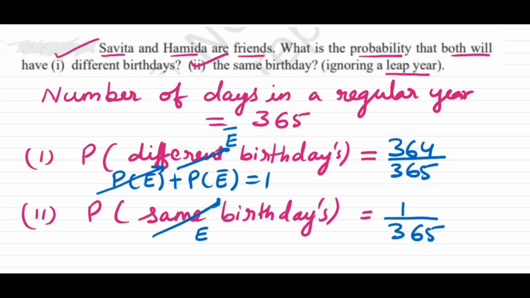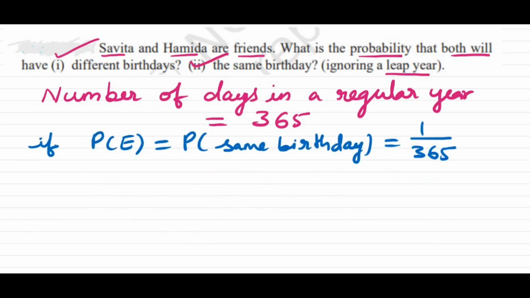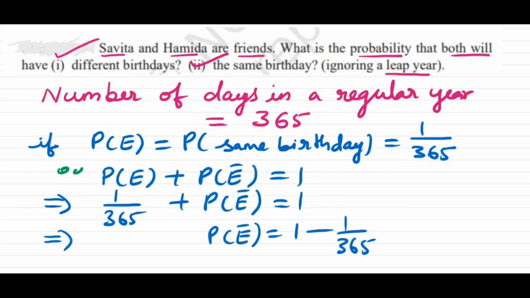In that case, probability of both of them having same birthday is 1 out of 365, then using the identity probability of happening of an event plus probability of a complementary event is equal to 1.